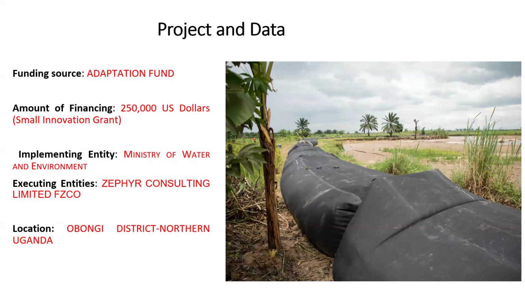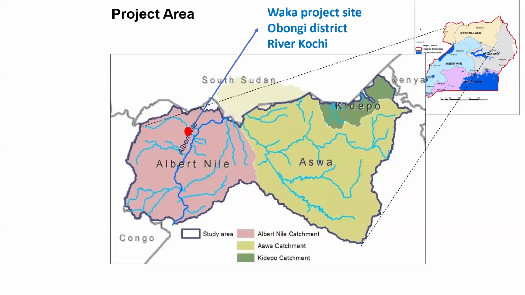The implementing entity is the Ministry of Water and Environment, and the executing entity, Ziffer Consulting Limited, is a Dutch consultancy firm that we worked with to put together this project and also to see it implemented. The implementation area is Obongi in northern Uganda, located in a Koch sub-catchment in the Albert Nile catchment. So this is where the project is located.